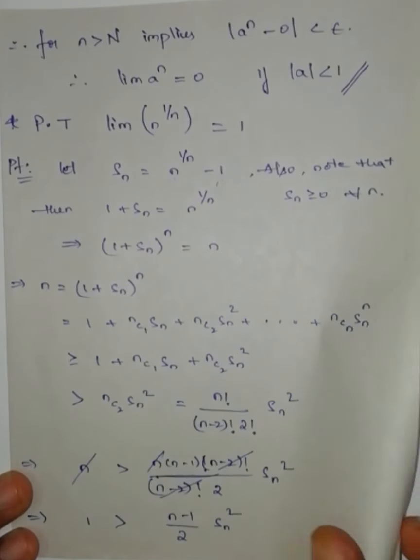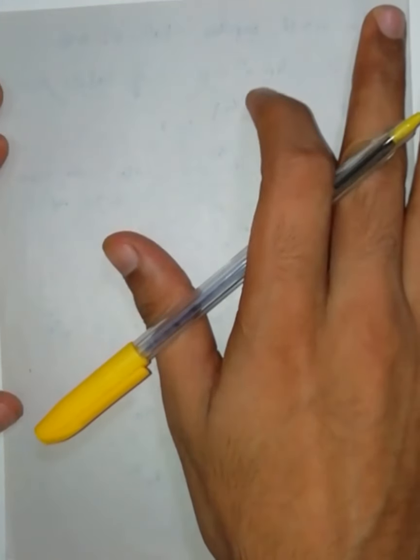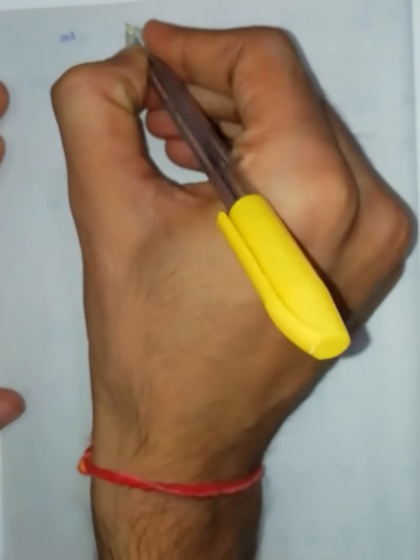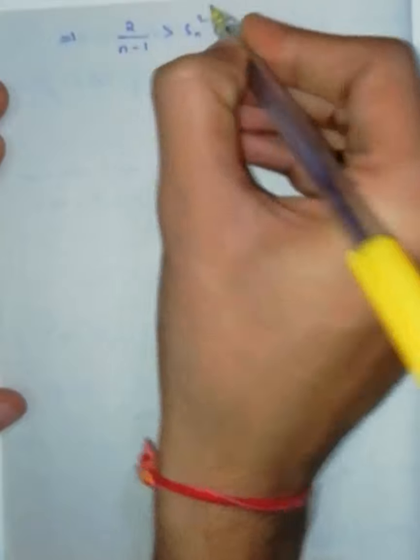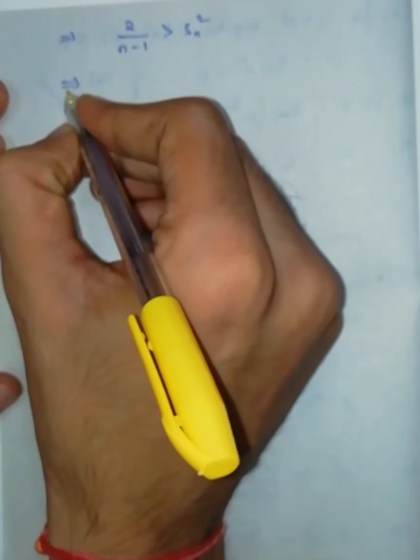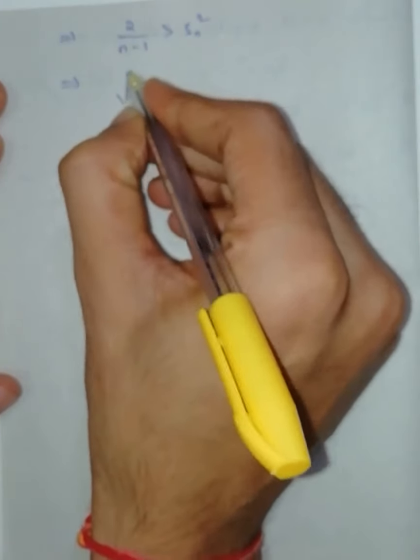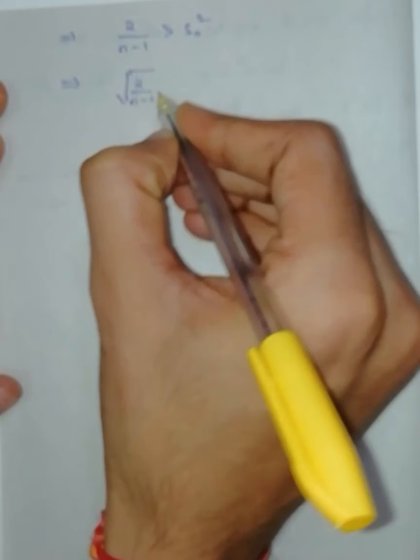Now cross multiply. We will get 2 by (n minus 1) is greater than Sn square. Now taking the square root on both sides, we get root of 2 by (n minus 1) is greater than Sn.